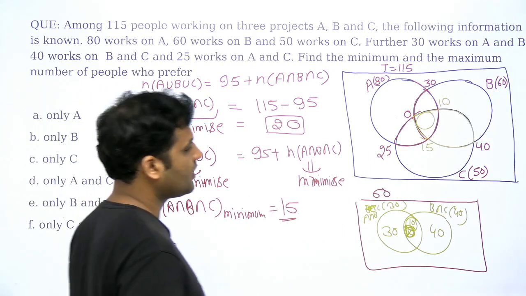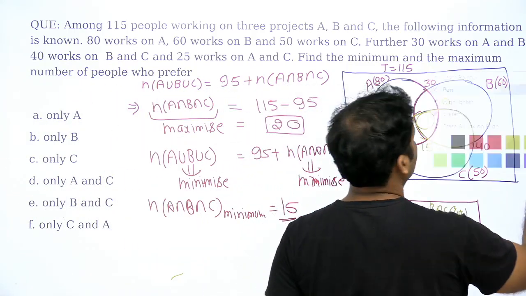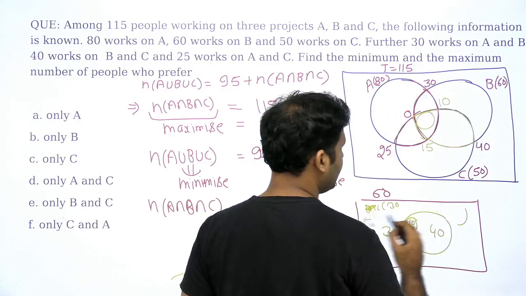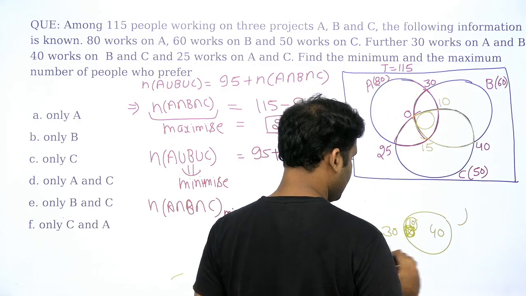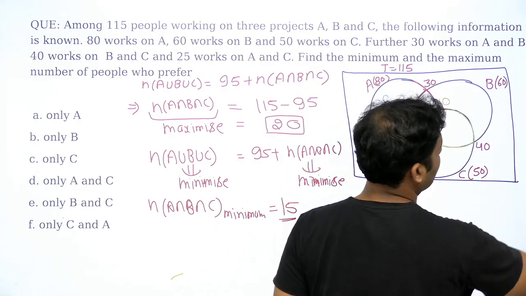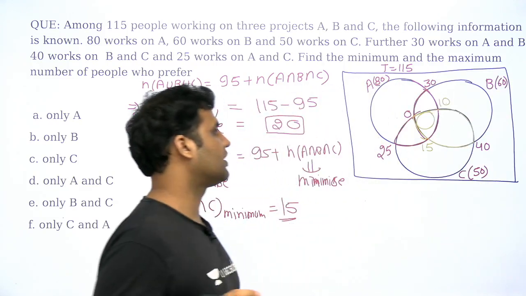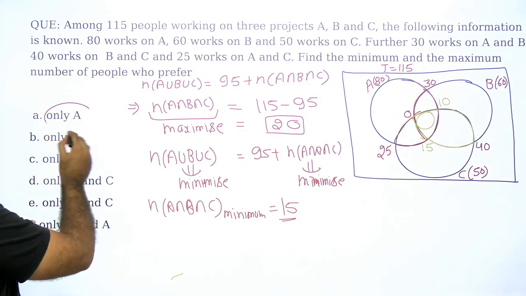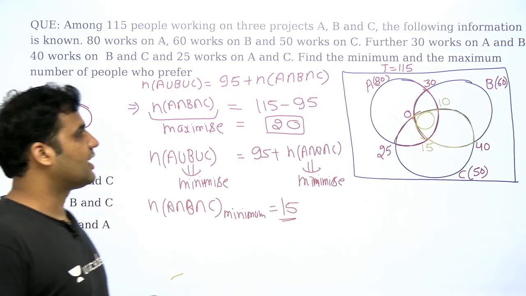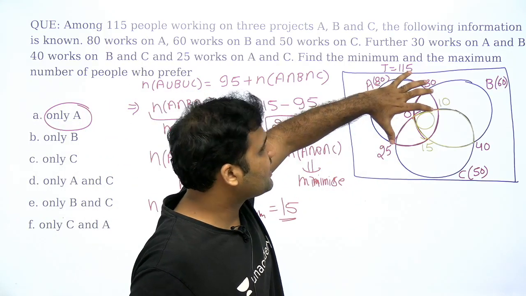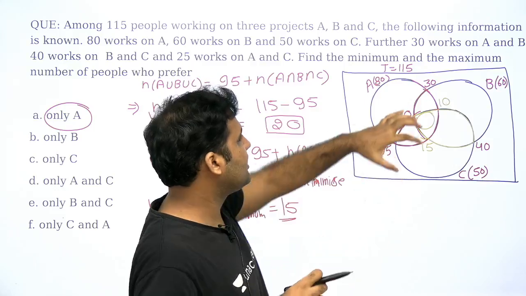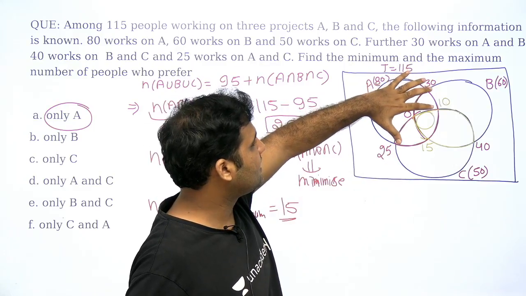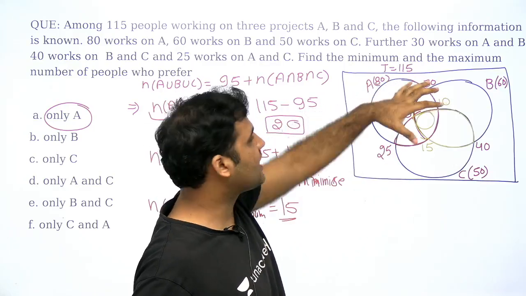Okay, now let's solve all the questions that we have been given over here logically without cramming any formulas or anything. Let's understand it. Now this says find out the minimum of only A. Let's first find out the minimum of only A. I want to minimize this circle here. That means I want this complete set to get minimized.